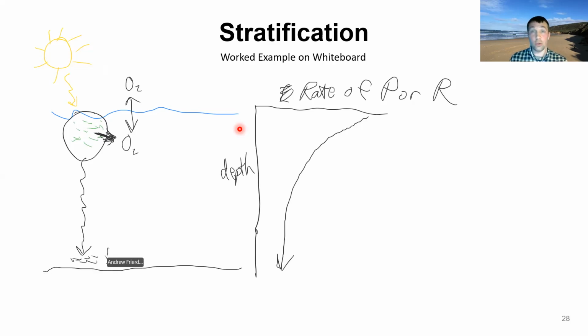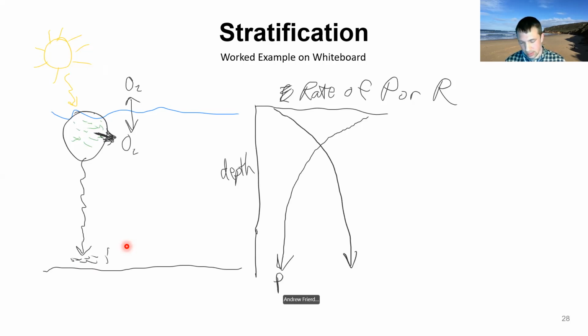And once we get an accumulation of organic carbon near the sediment water interface or in deeper layers of a water body, organisms can begin to decompose that carbon. So oftentimes the rate of respiration will be higher in the deeper layers of water where there's more food, organic carbon present. Okay, so this is photosynthesis, this is respiration.